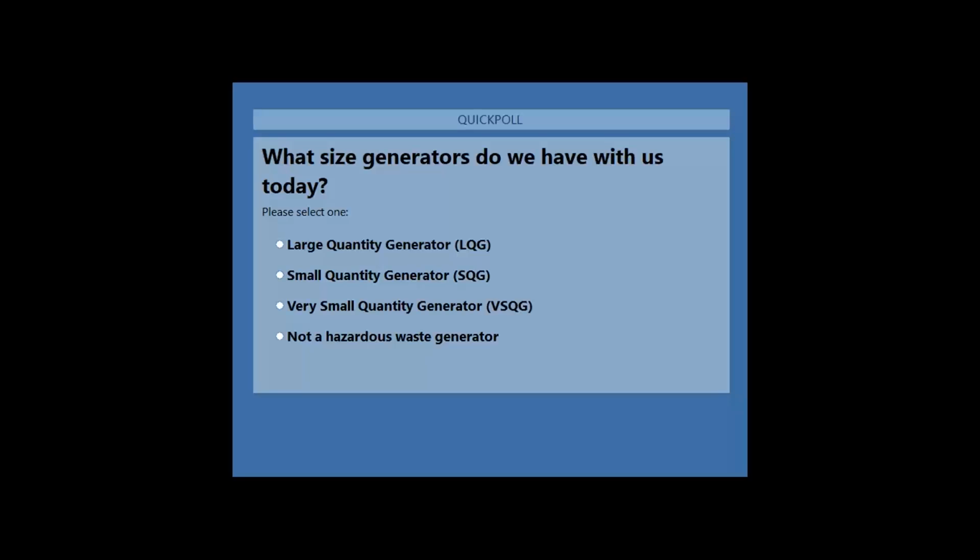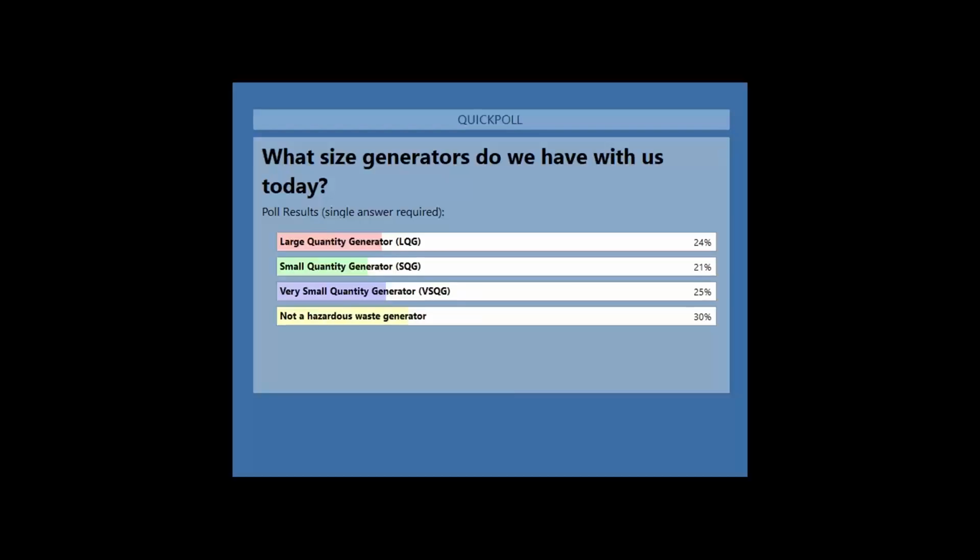All right, we're at about 60%, so if you haven't answered, please do so now. We'll be closing the polls momentarily. And the polls have been closed. It looks like it's a pretty even distribution. I'm going to turn it back over to Kristie now.